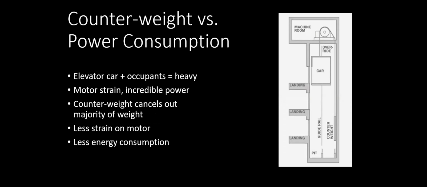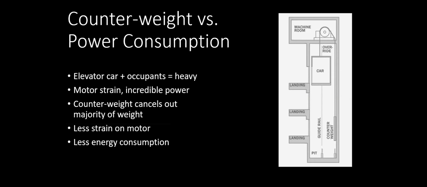Now, the counterweight is very important in the power consumption because the elevator car plus the occupants can get heavy. And if that motor had to pull that whole load up and down the elevator shaft all day, it would take a lot of power and there'd be a lot of heat built up. And it would cause a good strain on that motor.